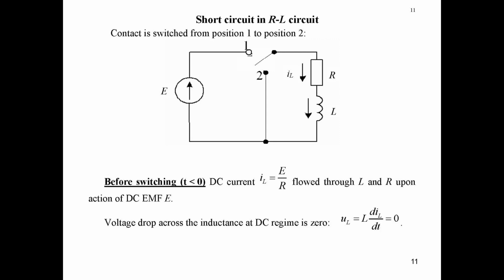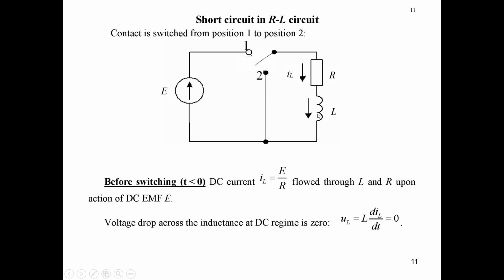Why? Because the current flowing through this inductance, although the voltage drop across this inductance was equal to 0, nevertheless creates magnetic field energy, and this stored magnetic field energy was the source of the natural component of current after commutation.